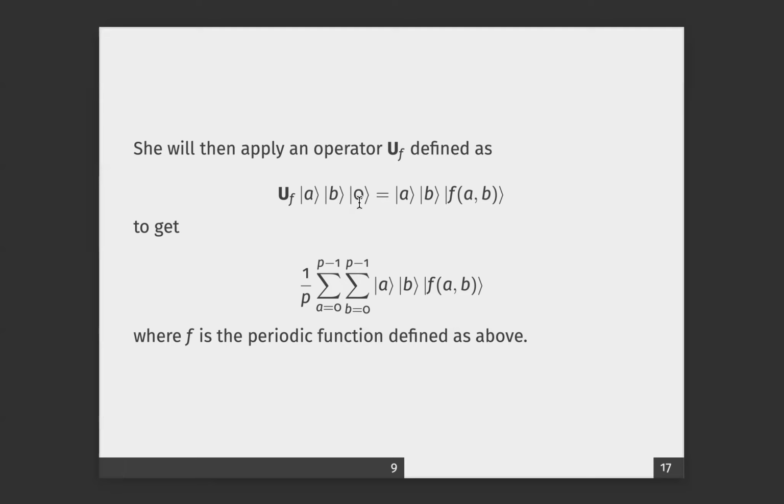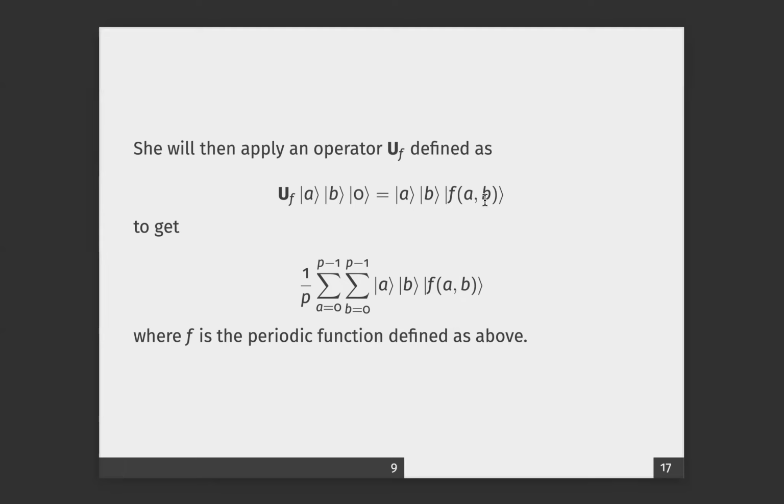And by definition, this is equal to A, B, and then the value of the output qubit will be the value of f(A, B). Okay, so that's the standard quantum computation.